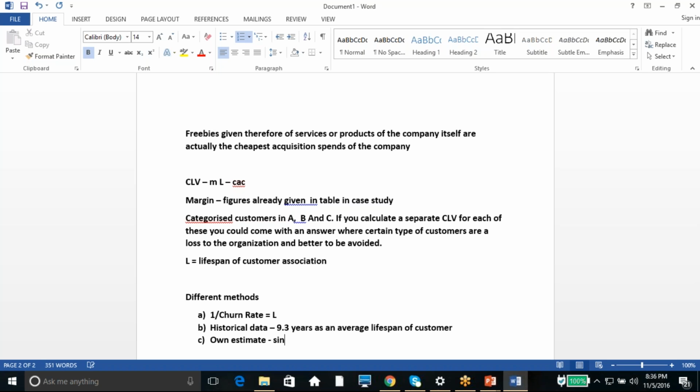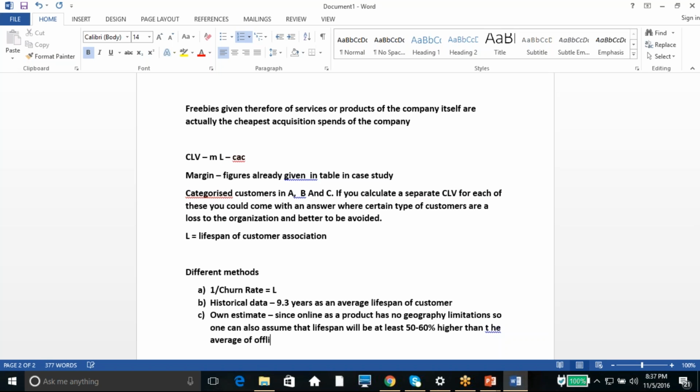Since online as a product has no geography limitations, one can also assume that lifespan will be at least 50 to 60% higher than the average of offline customers. So this is quite natural.